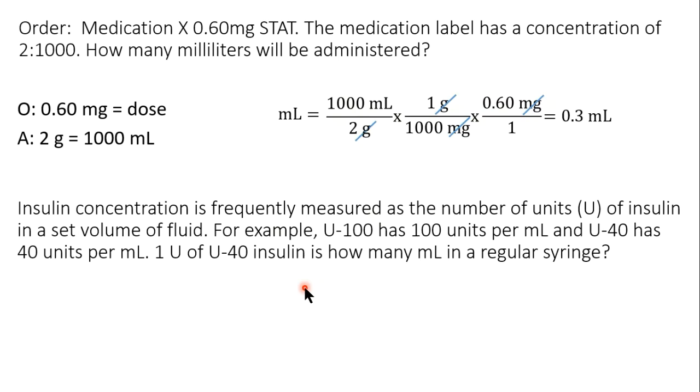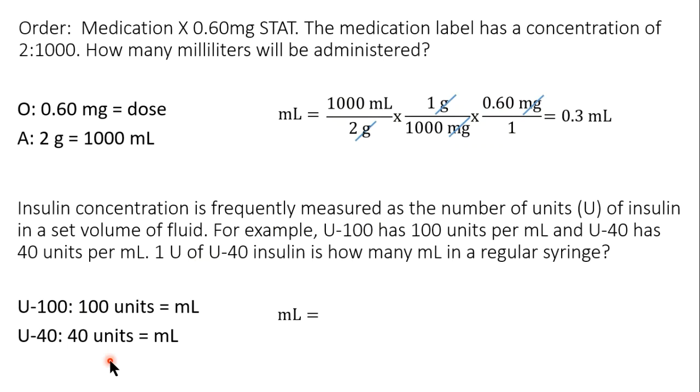And then for the second one, U100 means 100 units per milliliter, and U40 is 40 units per milliliter. So we want to know how many milliliters in a regular syringe if you have 1 U of U40. So it is 1 milliliter over 40 units.